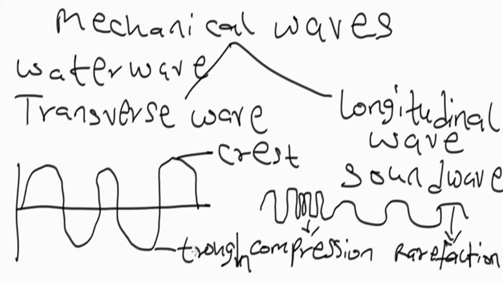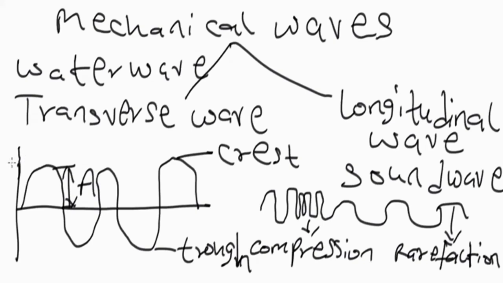Alright, whereas the distance between the peak and the midpoint is known as the amplitude A. Okay, so this is basically the difference between transverse wave and longitudinal wave under mechanical wave.